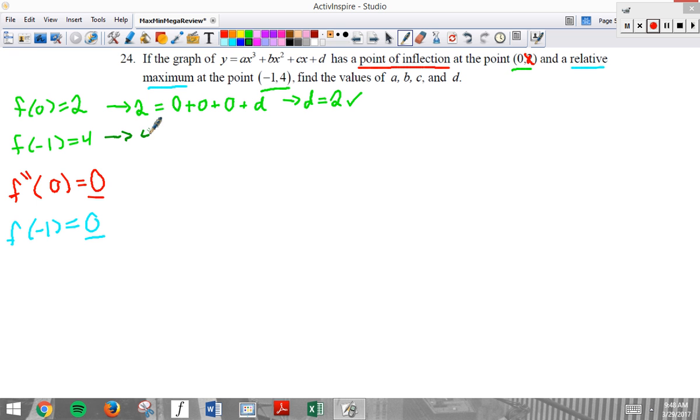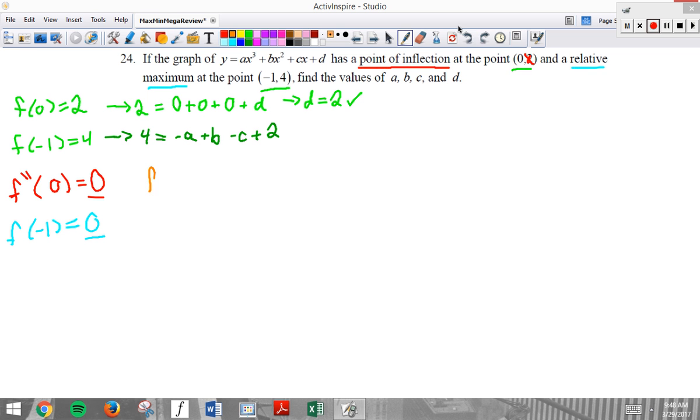So 4 equals negative a plus b minus c plus 2, because I know d is 2 now. I'm plugging into the original equation. F double prime of 0 equals 0. This one doesn't give us any information yet. Don't get excited. Well, first I need to find f prime.